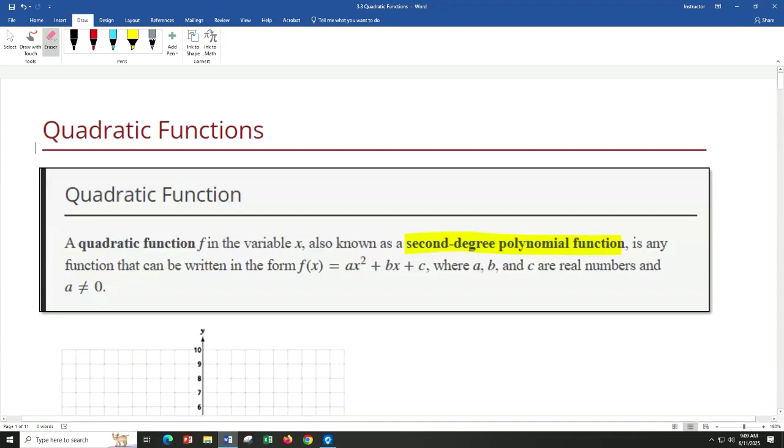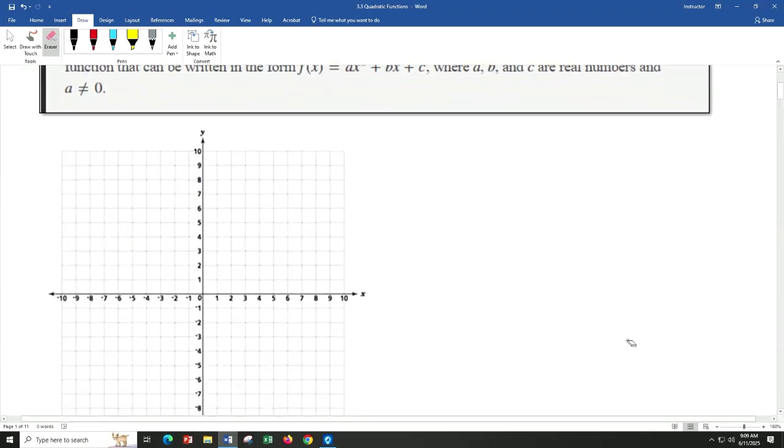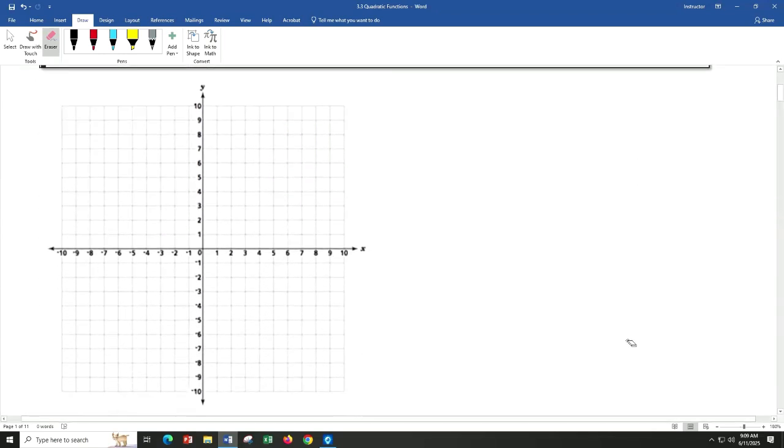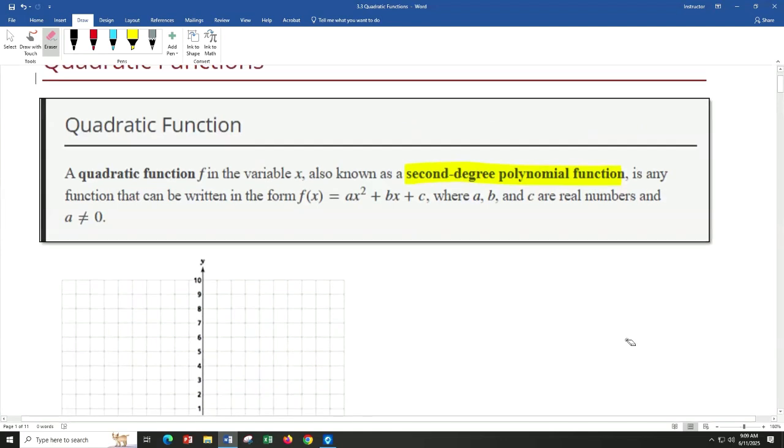Looking at this, let's recall what it's going to look like in its base form. I want you to realize something. No matter what function comes your way, no matter how these equations look, this is the guy I'm looking at.